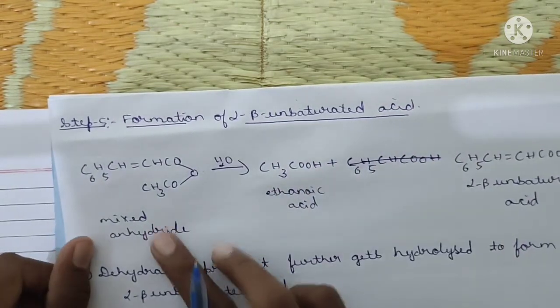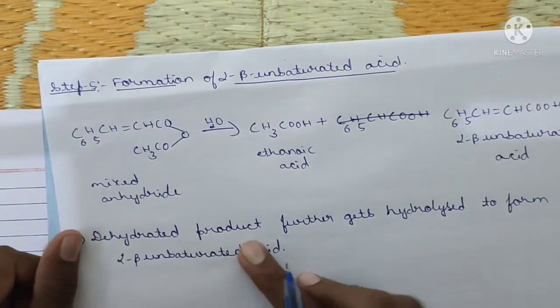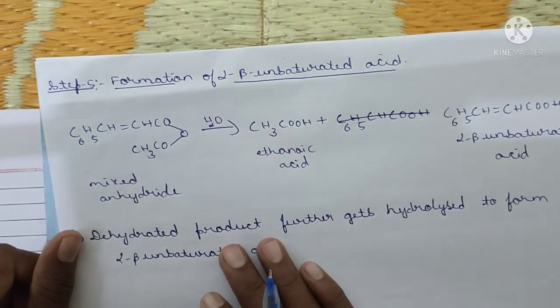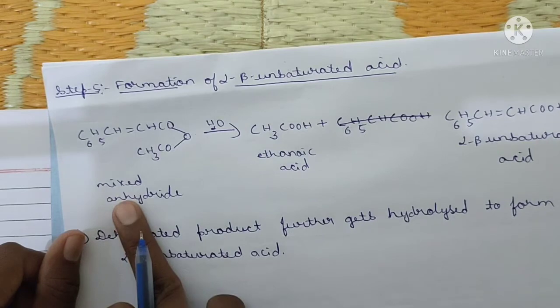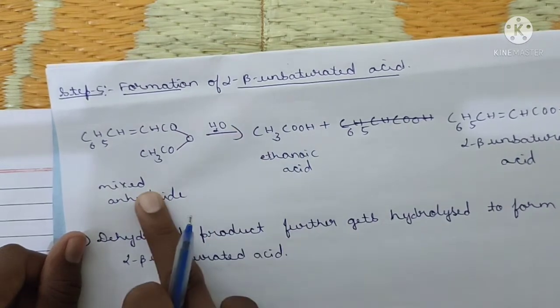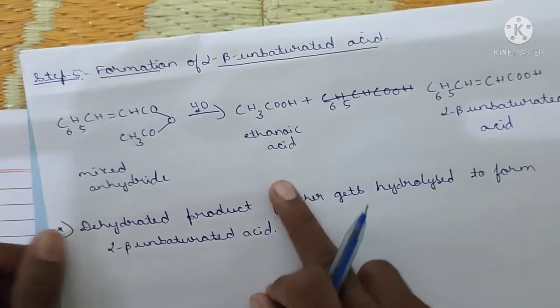Here the mixed anhydride, a dehydrated product, further gets hydrolyzed. The mixed anhydride is the dehydrated product. Water molecules add to this mixed anhydride and it gets hydrolyzed to form the alpha beta unsaturated acid.